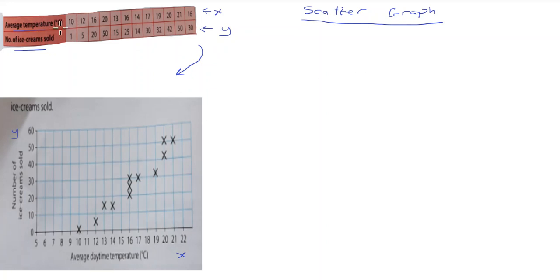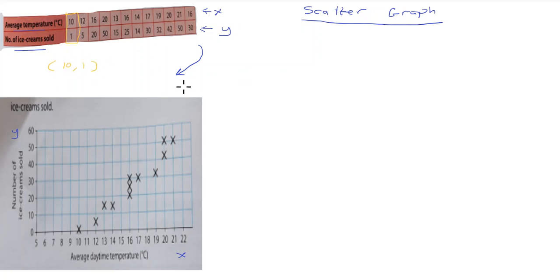Now what we can do is pair up this data. For example, we could create a number of x, y points like so. Let's say this first one here would be 10, 1.